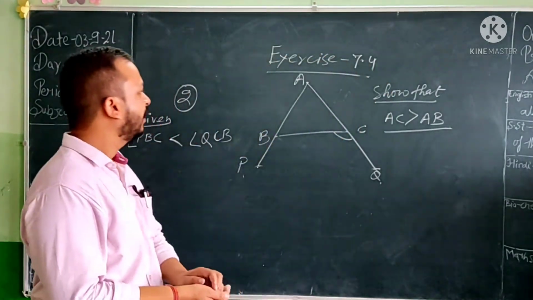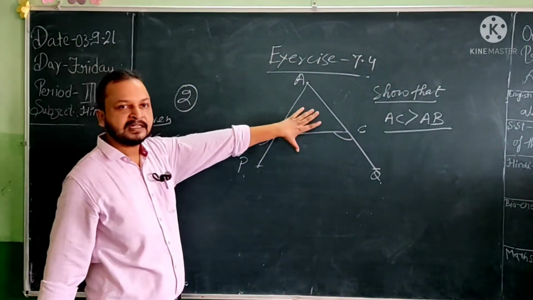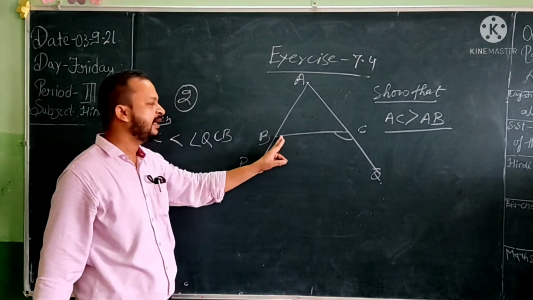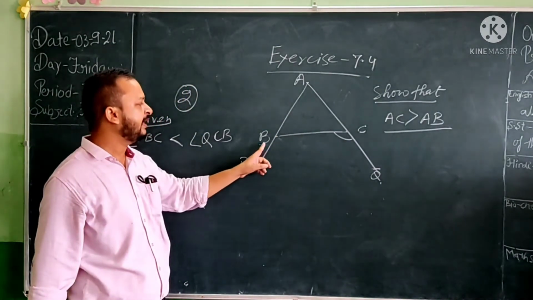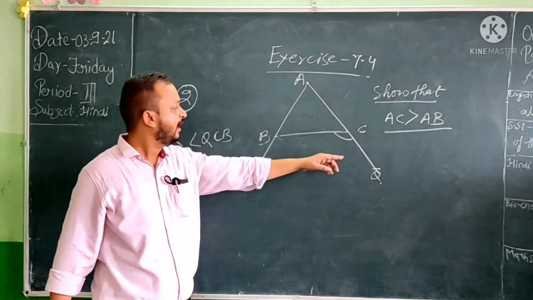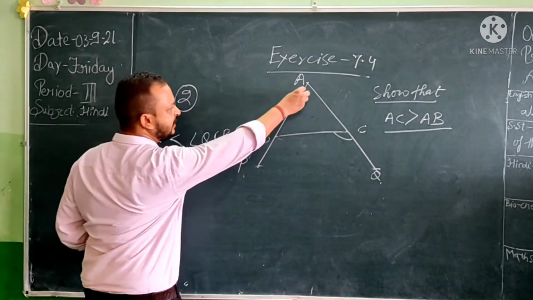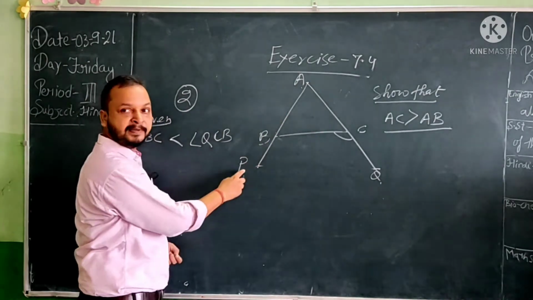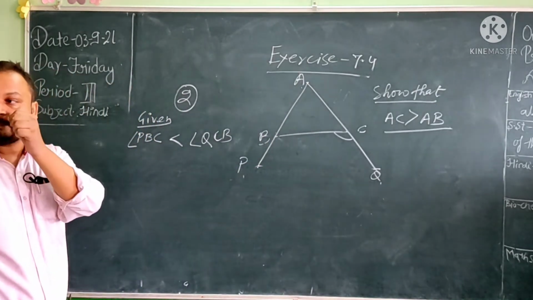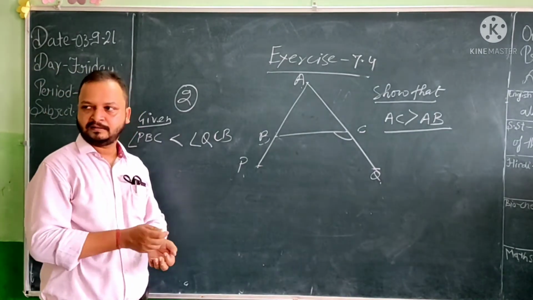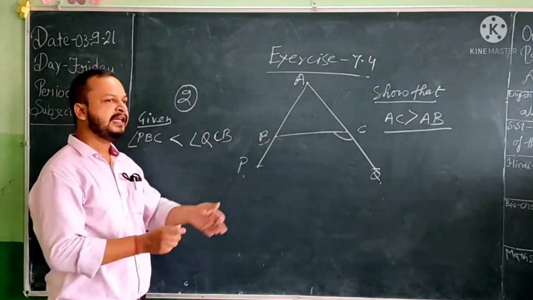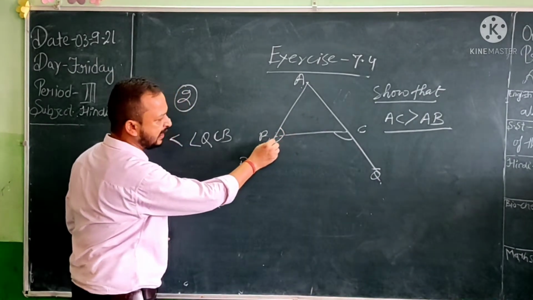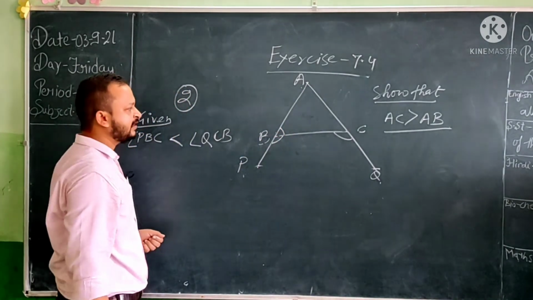So here you can see that this is a triangle, and it is given that QCB is greater than PBC. So here you can see that ABP is a straight line. So we can apply the linear pair. They are forming a linear pair. It means the sum of this angle and this angle is equal to 180.